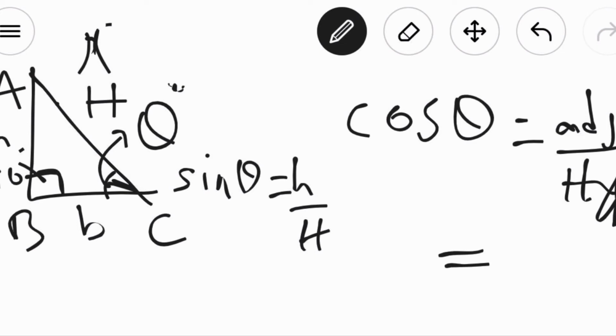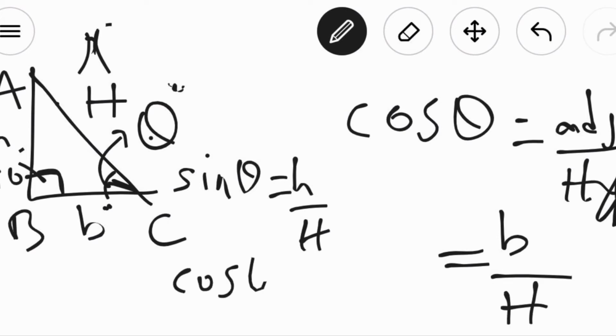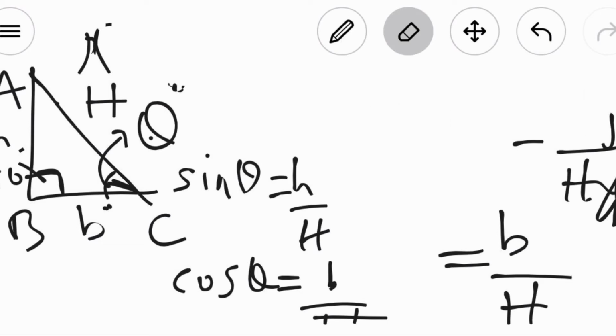Since theta is here, the adjacent side is going to be b over hypotenuse, which is the actual H again, so b over H. So cosine theta is going to be b over H.